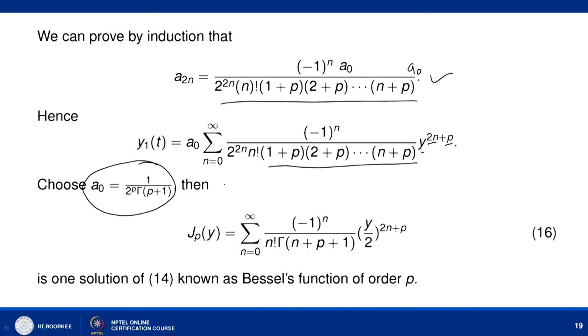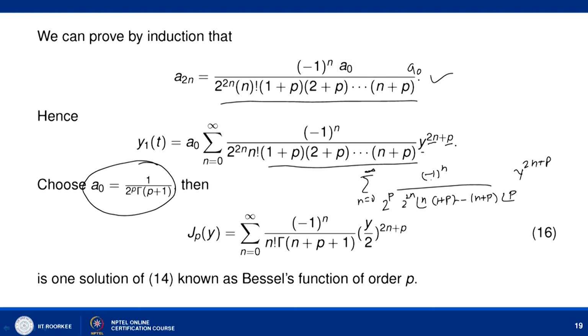Here it is minus 1 to power n divided by 2 to power 2n factorial n, (1 plus p) up to (n plus p), into the a naught value, 2 to power p and factorial p, and y to power 2n plus p, with summation n equal to 0 to infinity.